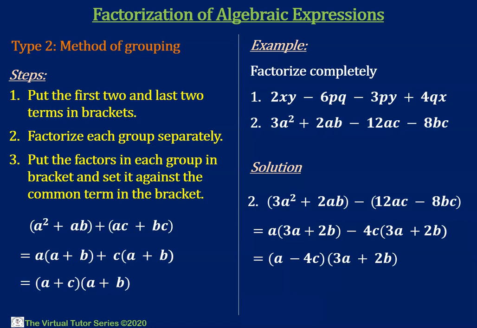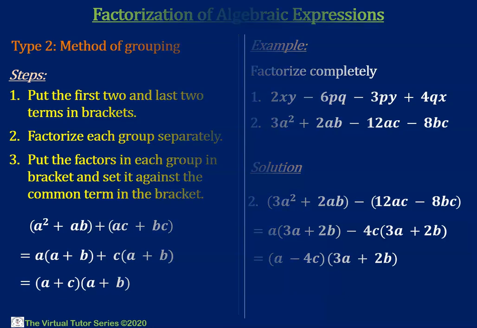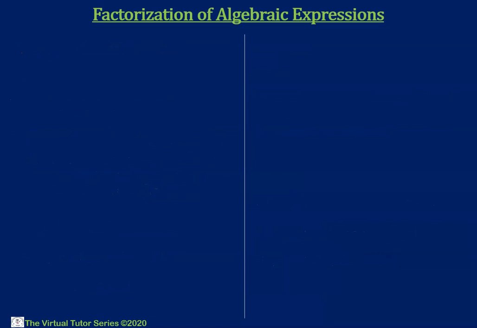Nice. I hope you now know how to factorize algebraic expressions using the method of grouping. Now proceed to the factorization of the difference of two squares. In the previous lesson, we learned how to expand the product of two binomials in the form of difference of two squares.